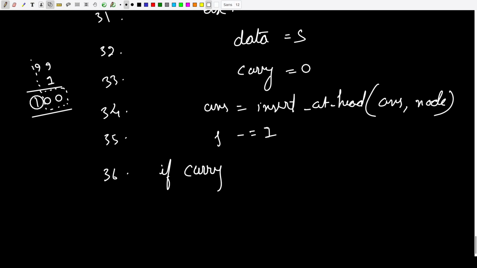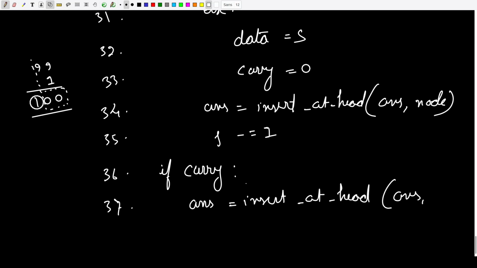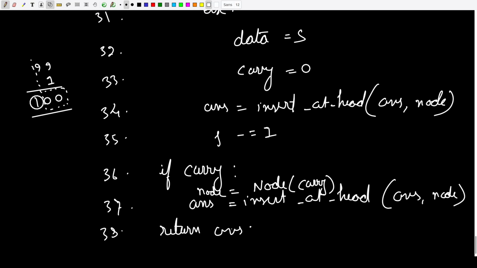If there exists a carry, then this carry needs to be inserted into the linked list also. So that is why we are checking if carry, then insert it at the head of the linked list. And before inserting it, let's have our node. So node is equal to Node(carry), and then this node will be inserted, and then towards the end we will return answer. So in this way we will be able to add two linked lists and return the resultant linked list. So that's about the discussion, folks.